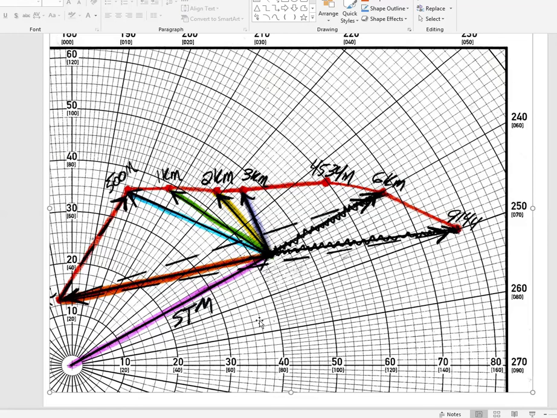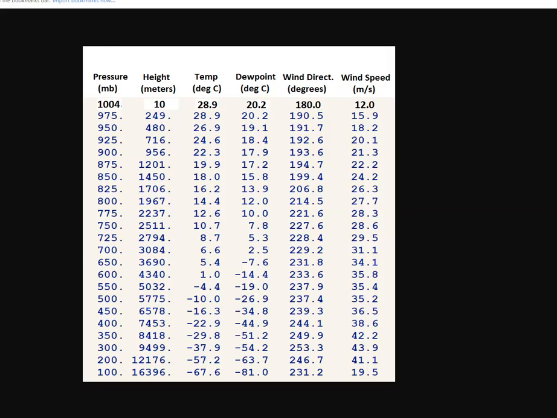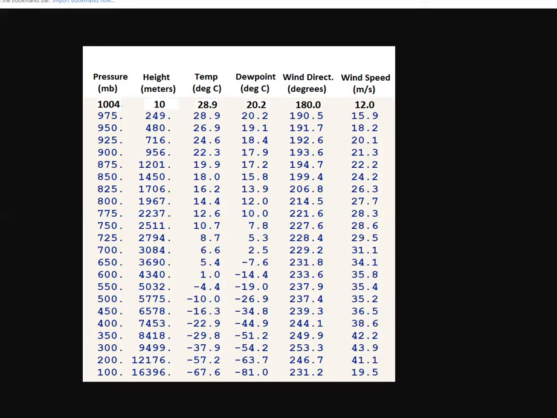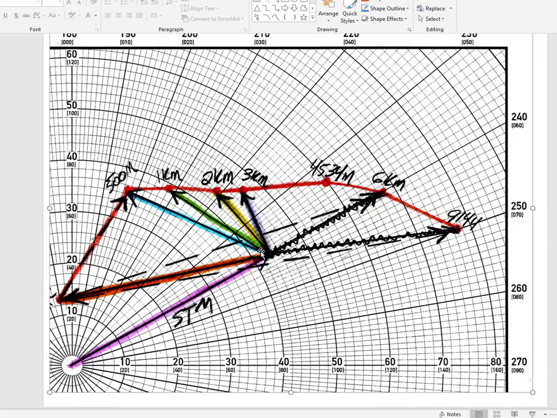Okay, so the assignment says, please plot these storm relative wind vectors. All you do then is go back and say, here's my storm motion dot. I'm going to go back to the first wind measurement on my hodograph line. That's 10 meters, right? Okay.